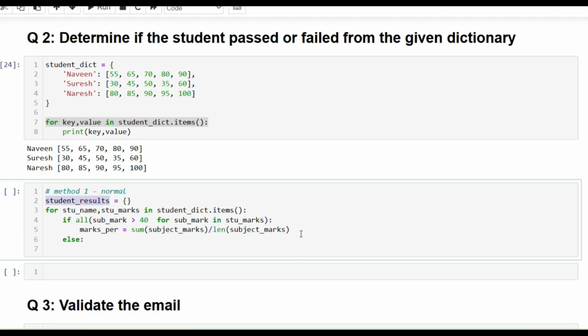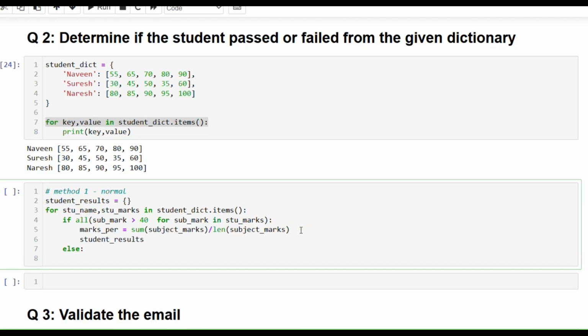So student result. Now you go here, what is the key? Student name is equal to, you can give the marks percentage. The same thing I'm copy pasting, and over here I am doing a fail.